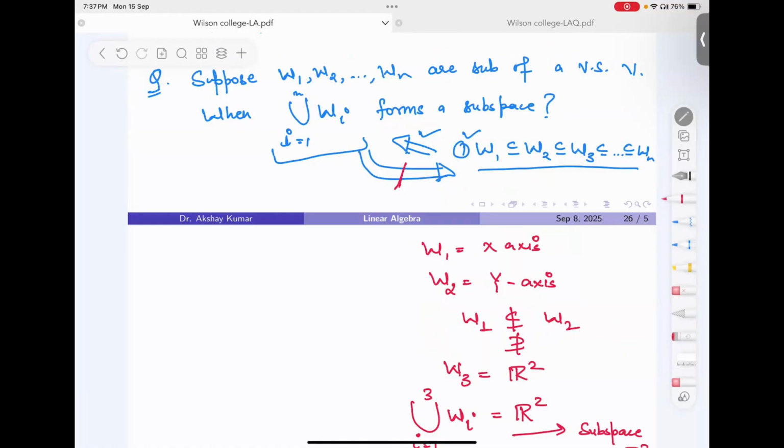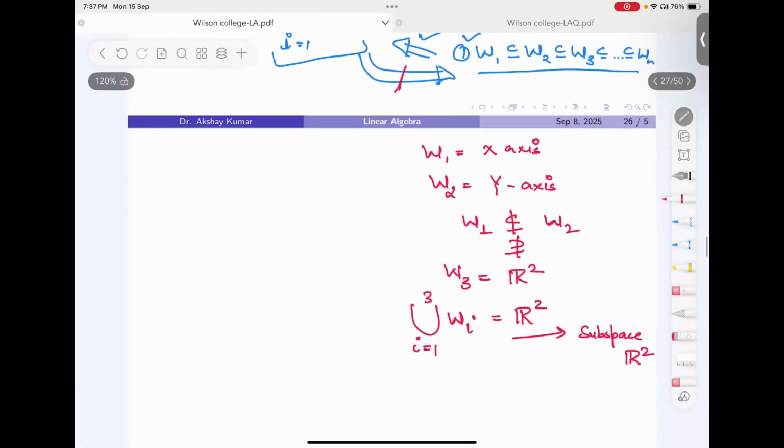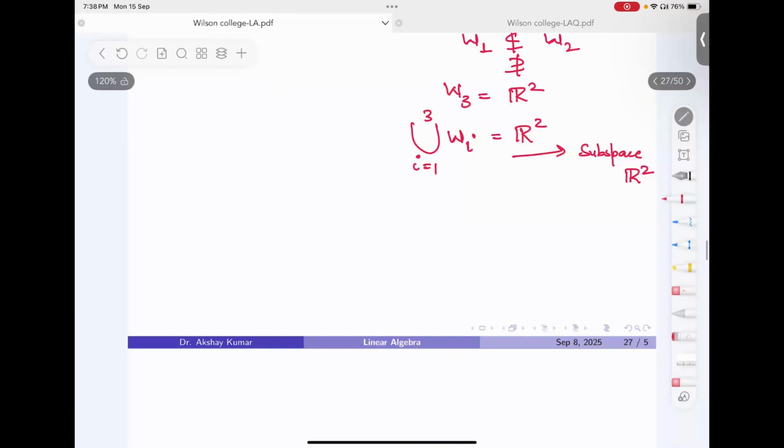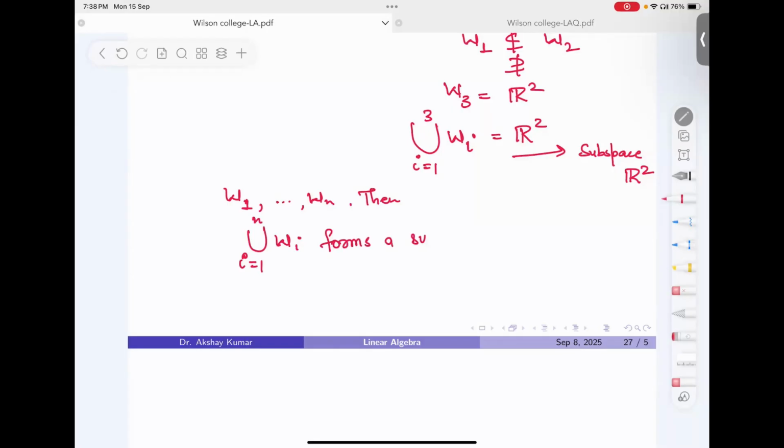So what is the correct converse statement? Suppose you have finitely many subspaces W1, W2, ..., Wn. Then the union of Wi forms a subspace if and only if for some j, all other subspaces are contained in Wj.